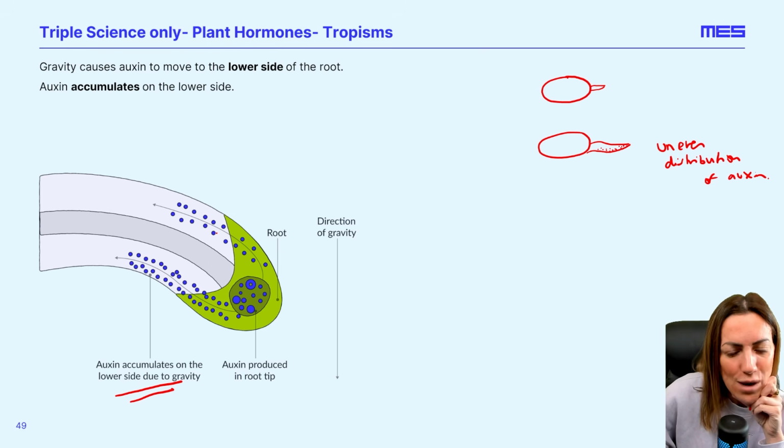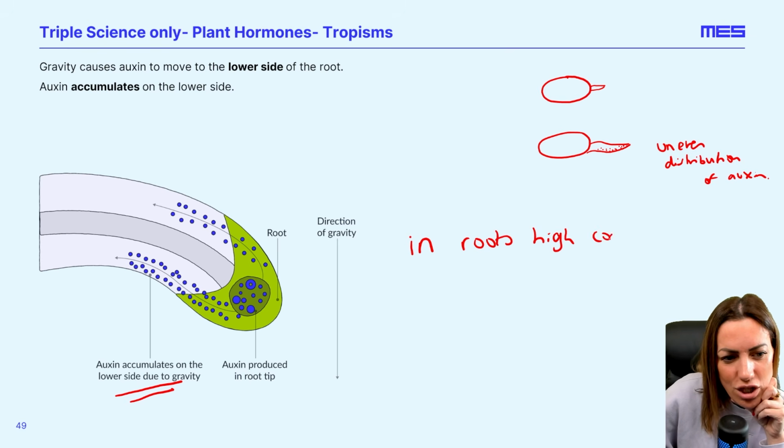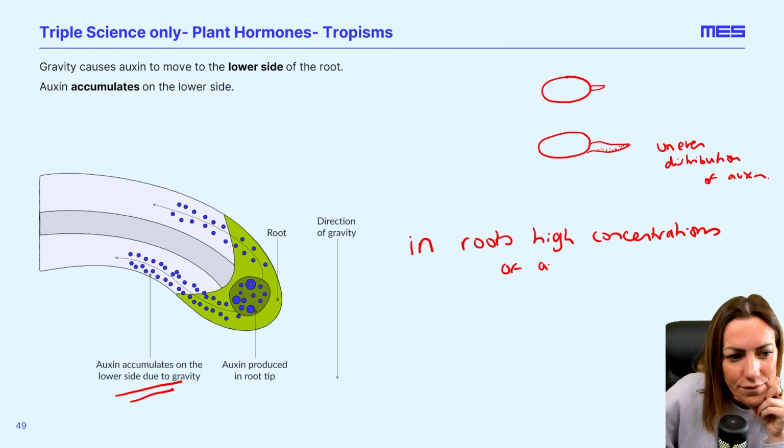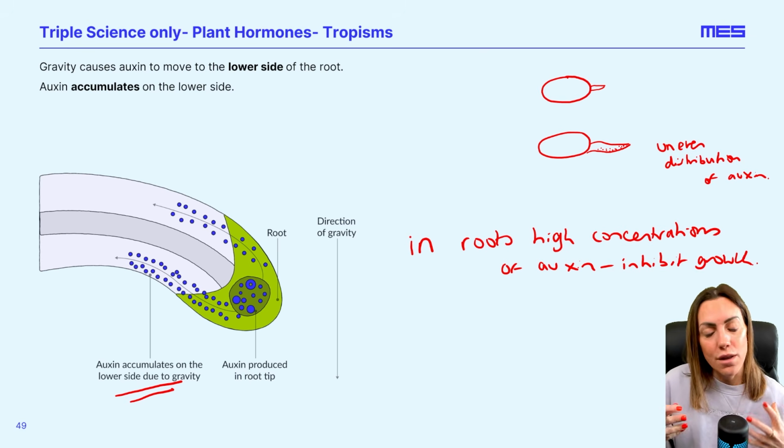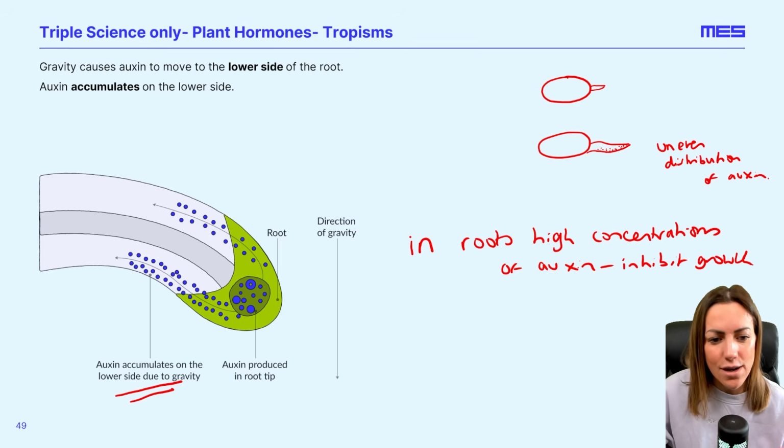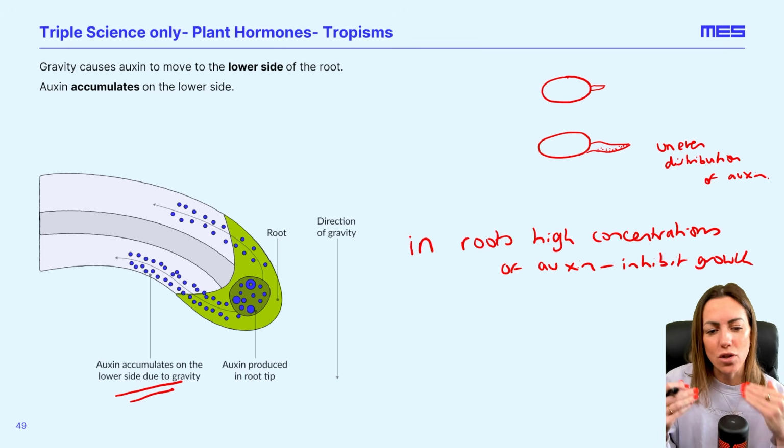Now, what's a bit weird that we must remember about this topic, and I'll write it nice and big, is that in roots, high concentrations of auxin don't stimulate growth, they inhibit growth. So the effects of auxin are opposite in shoots compared to roots.